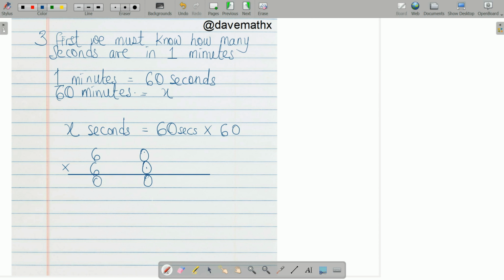And then we move on to 6 times 0, which is 0, and 6 times 6, which is 36.